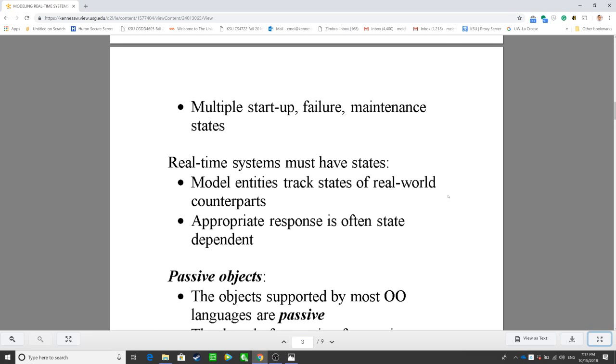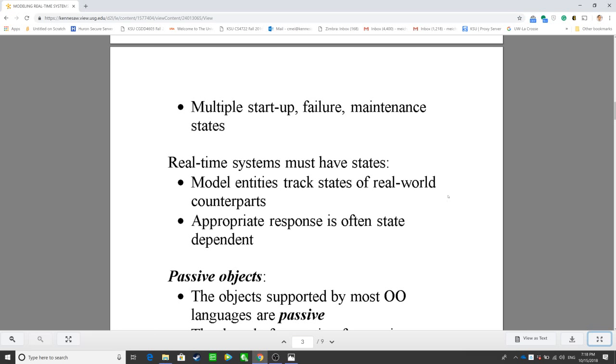In one case, the system is in the general hours state. And in the second case, the system is in the rush hours state. Okay, the system is in a different state. If you have the same event in a different state, it will result in a different reaction from the system.